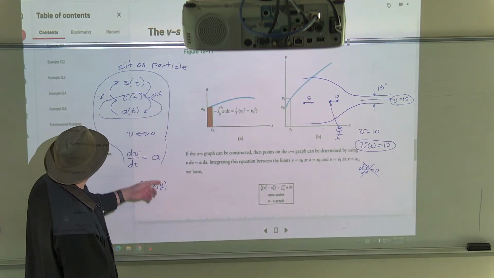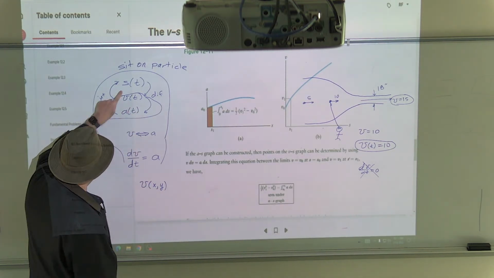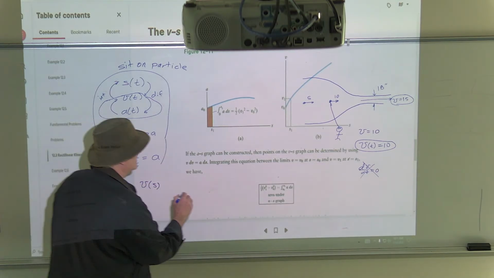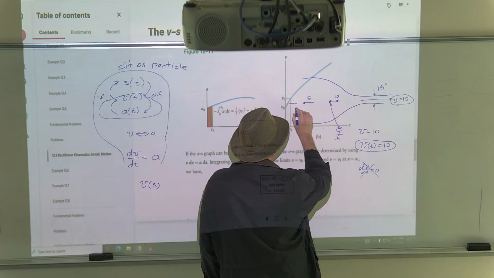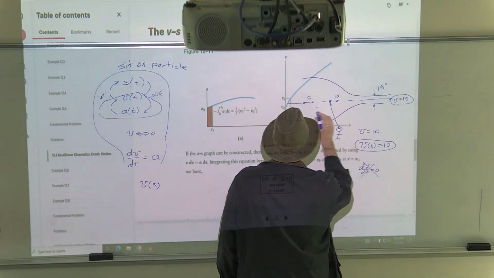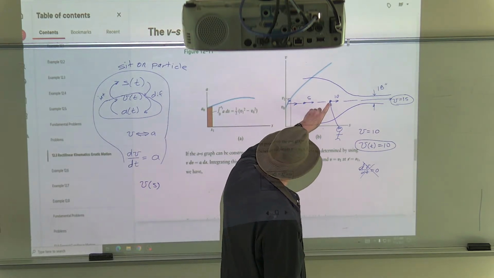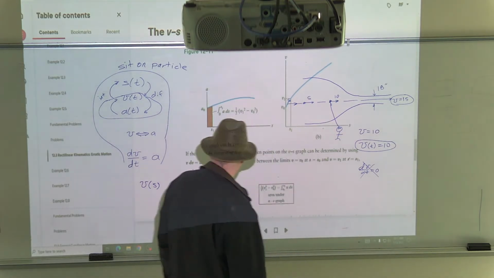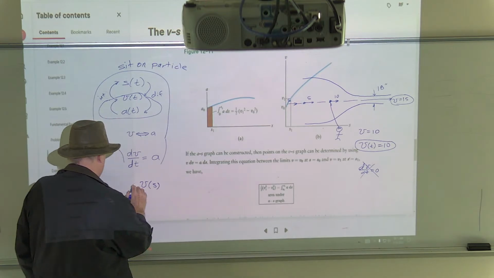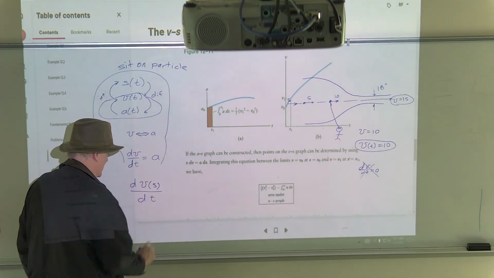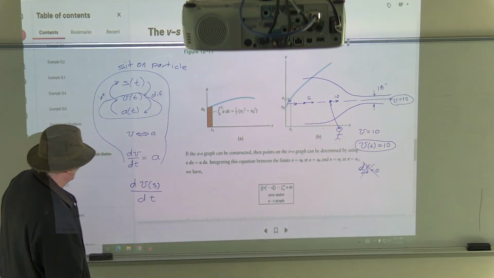Well, back here, you only have s, so let's measure s this way. So here's s going this way. So he's just measuring s at that particular spot. Well, now how do you take the derivative of that with respect to time? So let's just make something up.